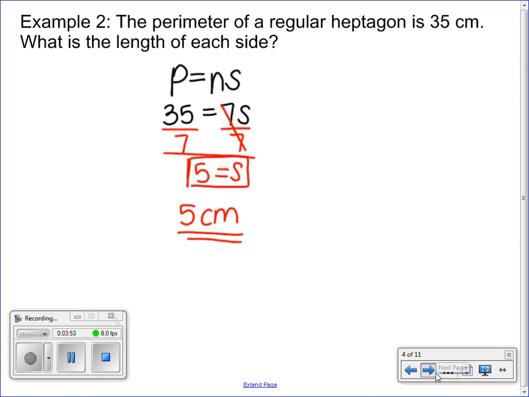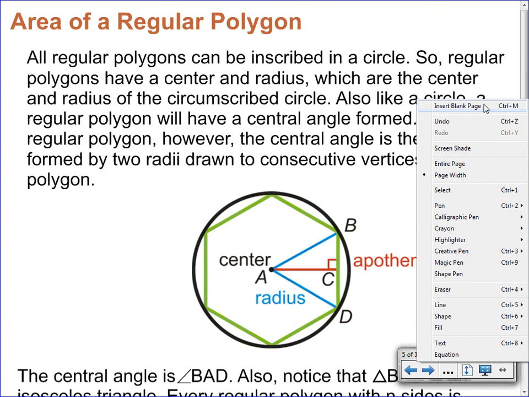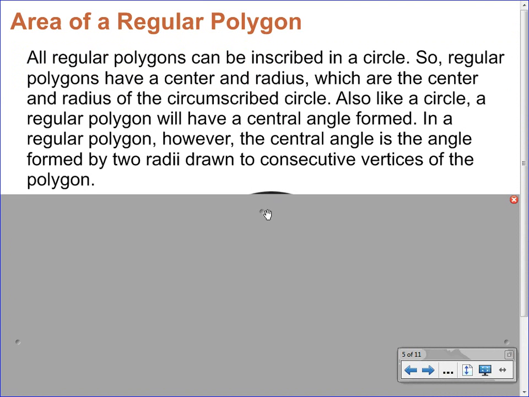Area gets a little bit trickier. So we're going to start off. I'm going to put my screen shade up. Area of a regular polygon. All regular polygons can be inscribed in a circle.